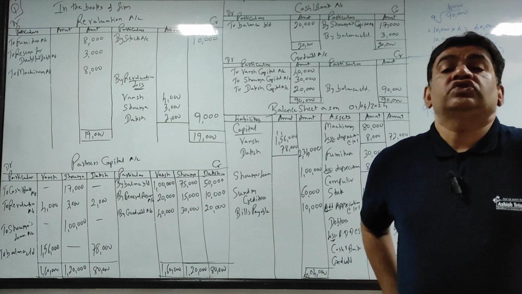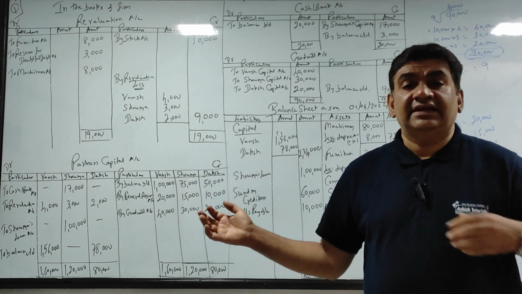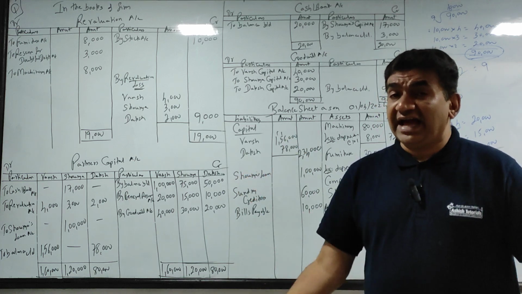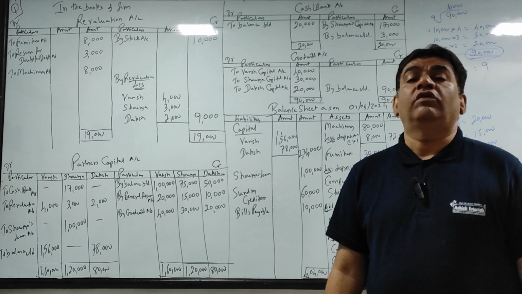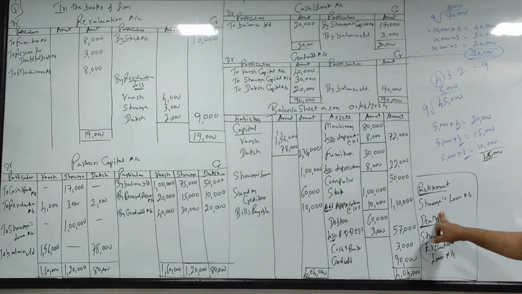Got it, guys? So this was retirement and death. As I told you, the same sum can be solved in the form of retirement, the same sum can be solved in the form of death. What is the difference? In retirement, Shourya's loan, partners loan; here partners executors loan.